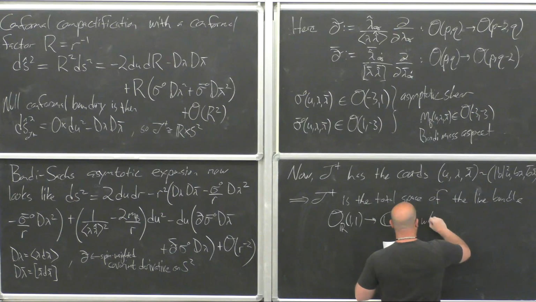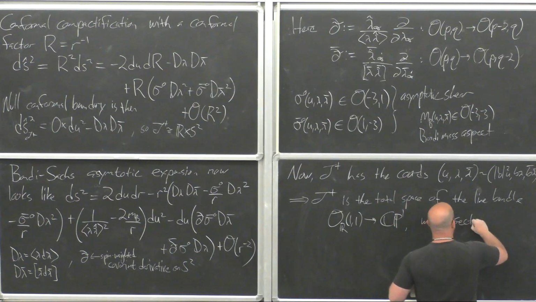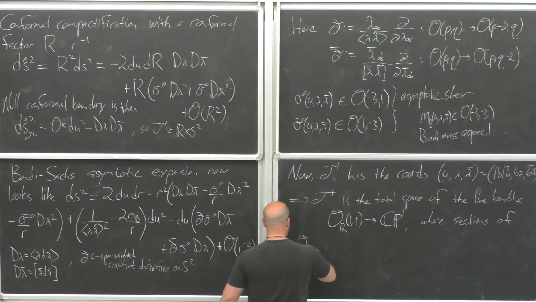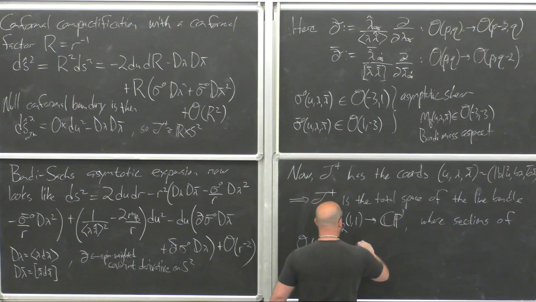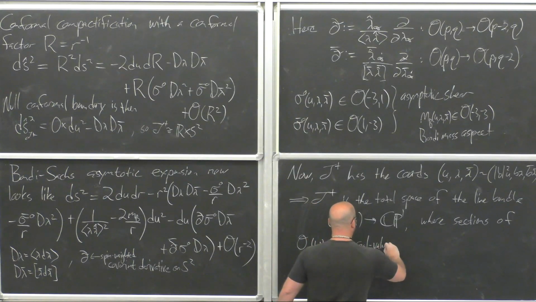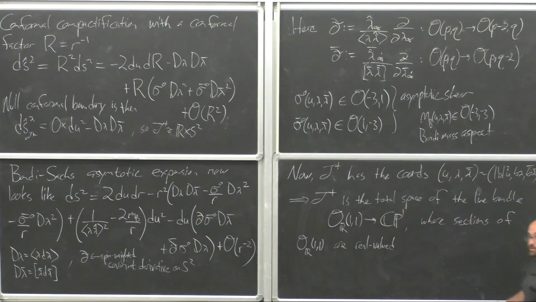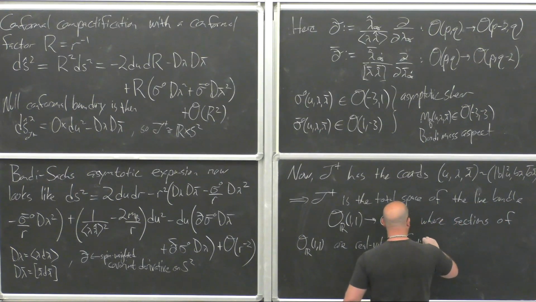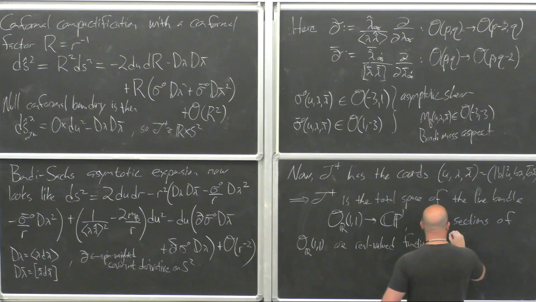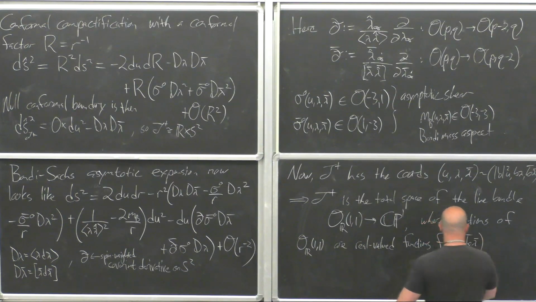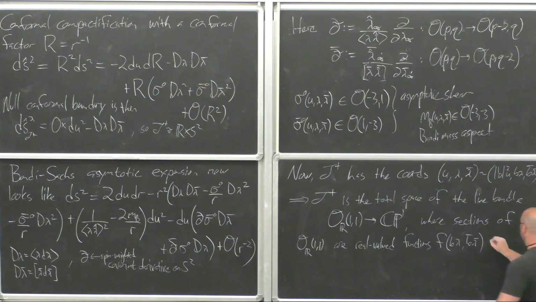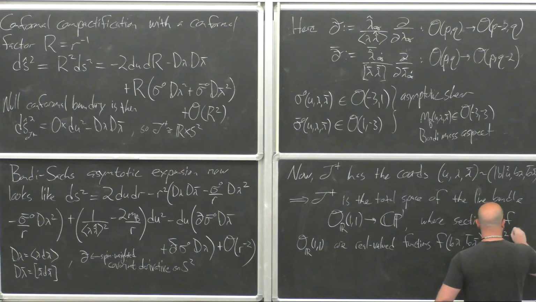Sections of this thing I'm calling O(1,1)_R are real valued homogeneous functions on the sphere, f(lambda, lambda bar), such that if I do a projective rescaling on the sphere, I get mod b squared out in front.